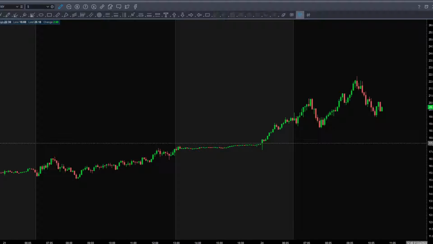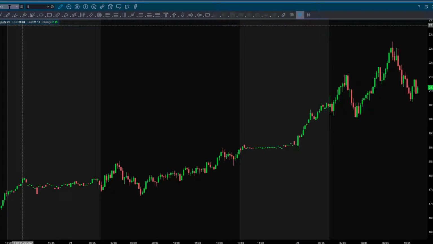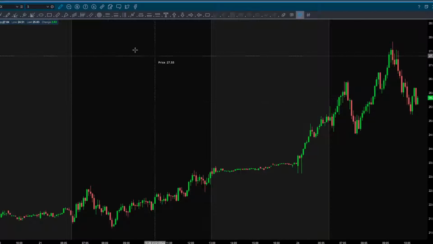There are other tickers like the VIXY. This is another volatility ticker. There's also VXX. Those two are pretty similar, but the UVXY is cheap and it's a leveraged volatility.